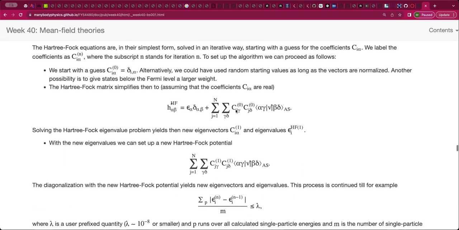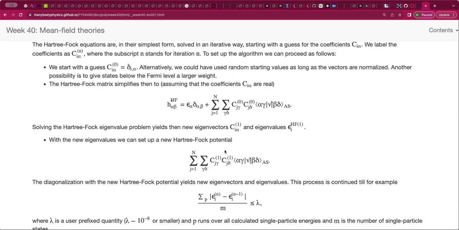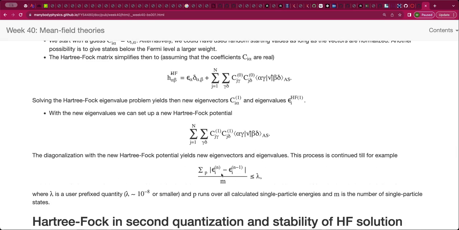So with the new eigenvalues, you can set up a new Hartree-Fock potential like this, and then you would recalculate. The diagonalization with the new Hartree-Fock potential yields new eigenvectors and eigenvalues. You would continue this process till you have reached your tolerance criteria. This is the basic recipe for performing a Hartree-Fock calculation.